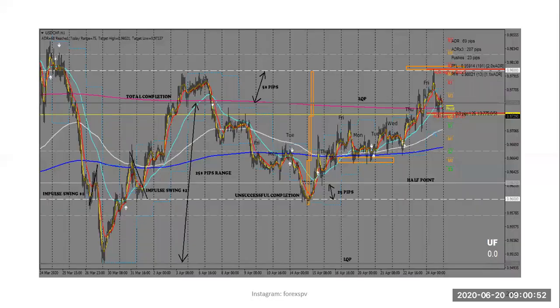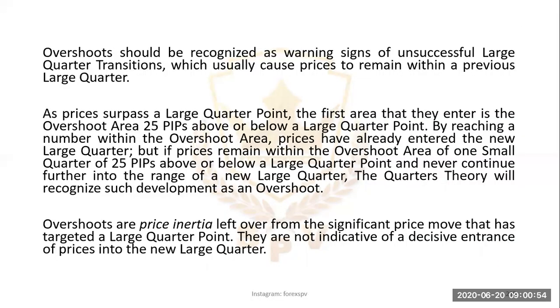Now we have important levels as price goes from one large quarter point to the next. When price breaks one large quarter point, the first target should be the overshoot area, which is 25 pips above it or 25 pips below it.